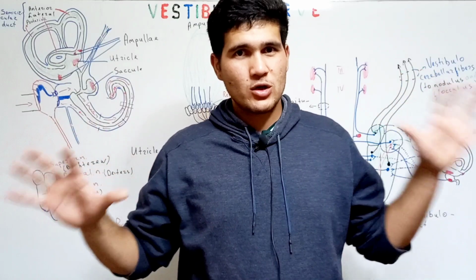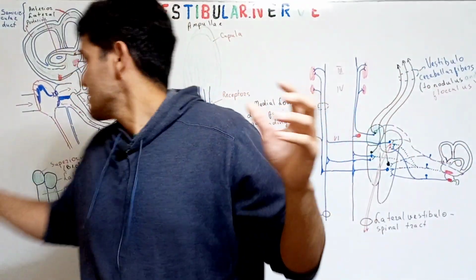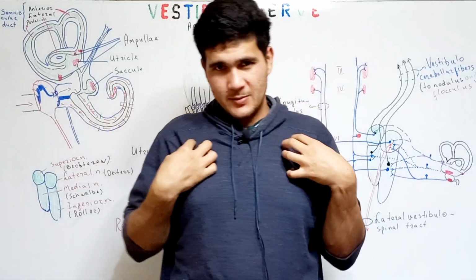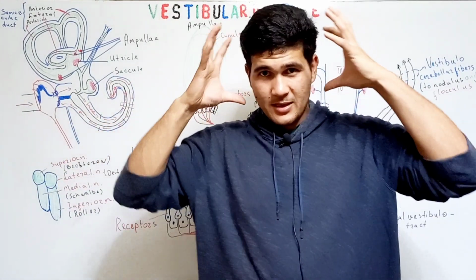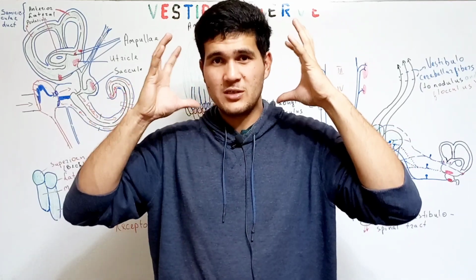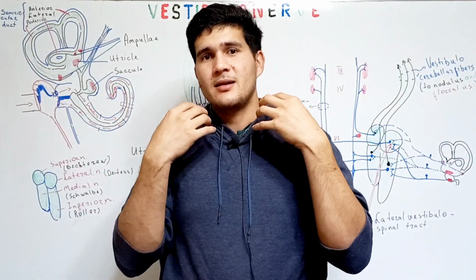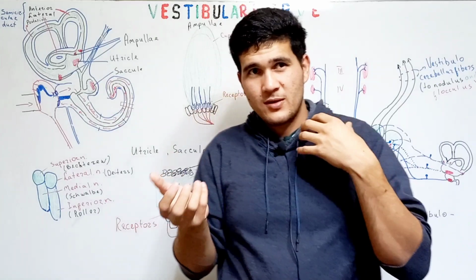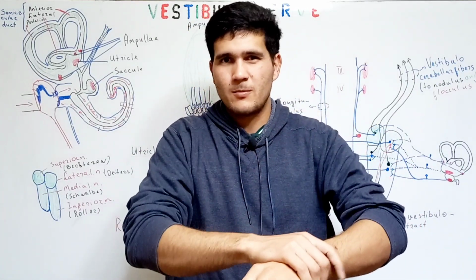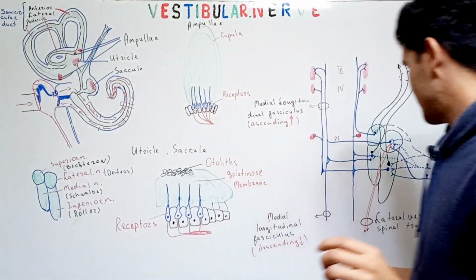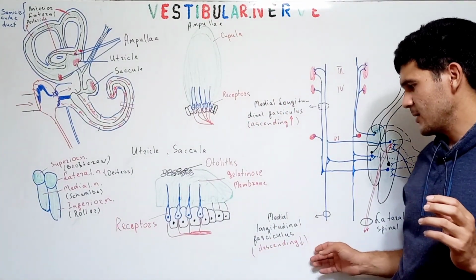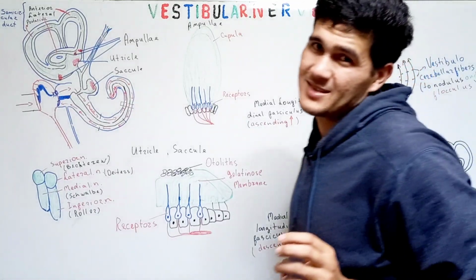In this way, according to the information generated there, our organism tries to keep the head in the normal tonus and in the normal position by contracting and directing impulses to the cervical and upper limb muscles. And this function is performed by the medial longitudinal fascicles, descending fibers.